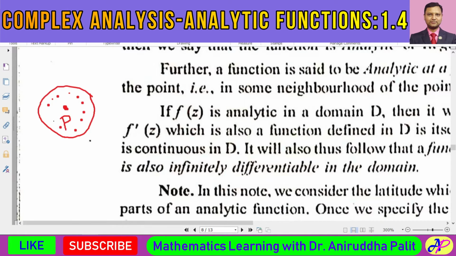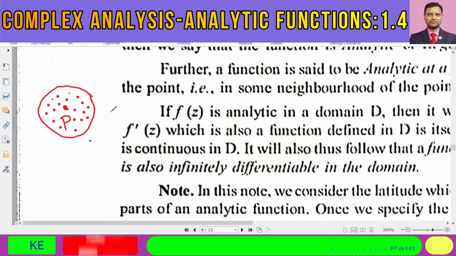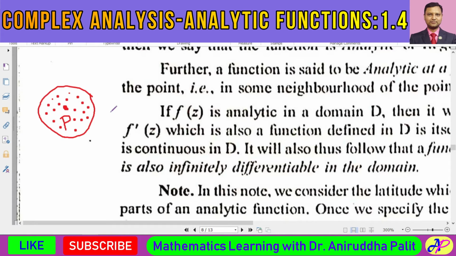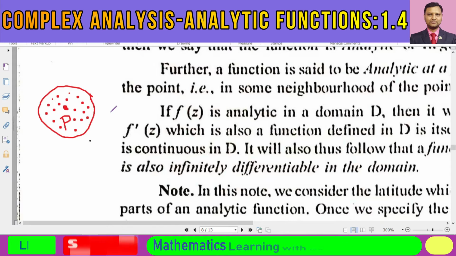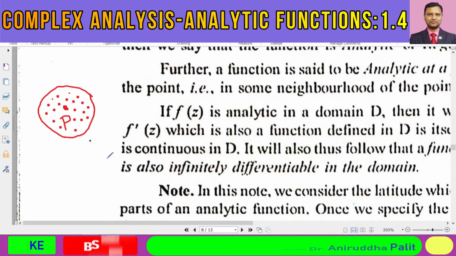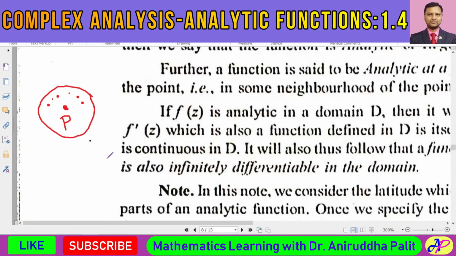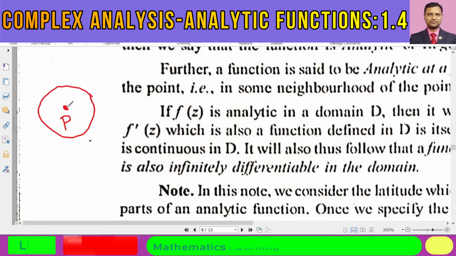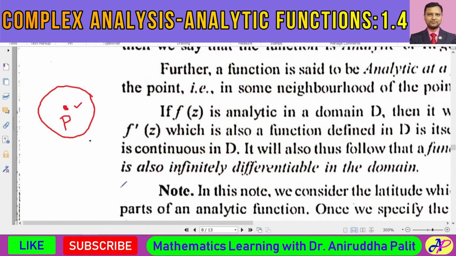What kind of neighborhood doesn't matter. It may be a circular neighborhood, it may be any kind of arbitrary shaped neighborhood, but a neighborhood is always an open set. We all know that. So if it is possible to find a sufficiently small neighborhood of this point P, at each and every point of which the function is analytic, then we say that the function is analytic at this point P.